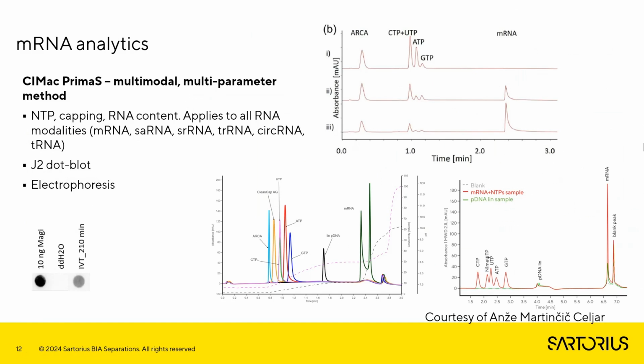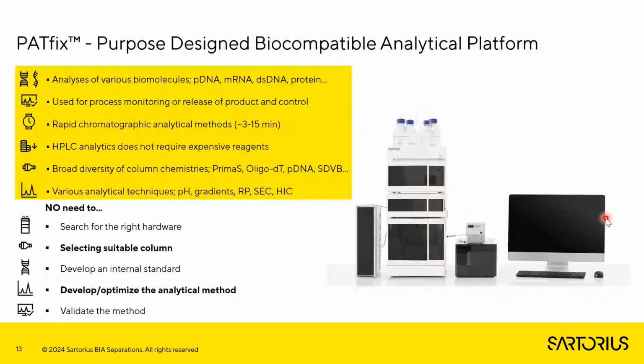We've developed multiple versions of the method, differing a little bit in length and resolution, but between 3 and 7 minutes, we can get a resolution of all nucleotides, DNA, and mRNA. And this, as you can imagine, is very powerful when dealing with IVT reaction.